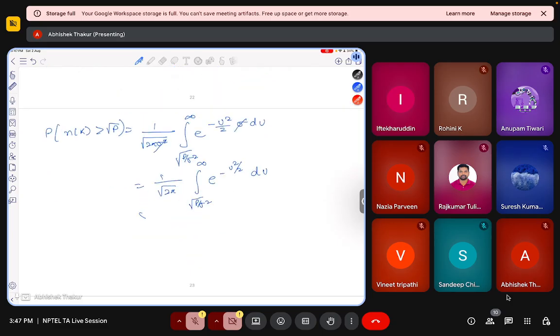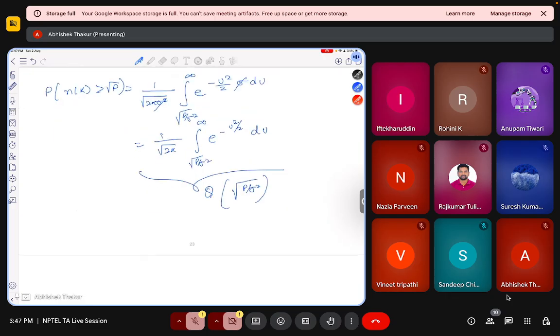So this is our Q of square root of P by sigma squared. So that's why the probability of error is equal to Q of square root of P by sigma squared. So this is equal to Q of square root of SNR.